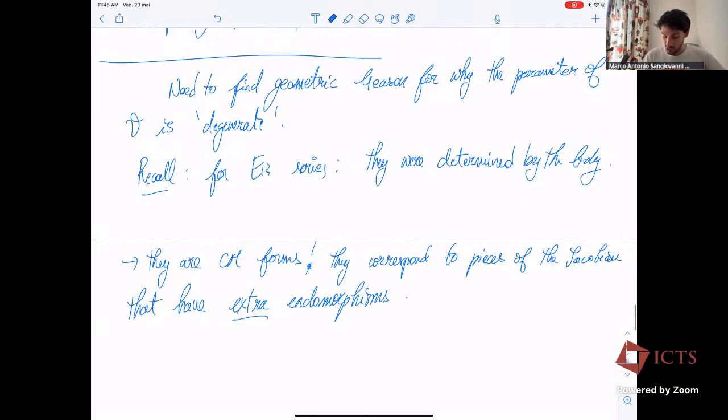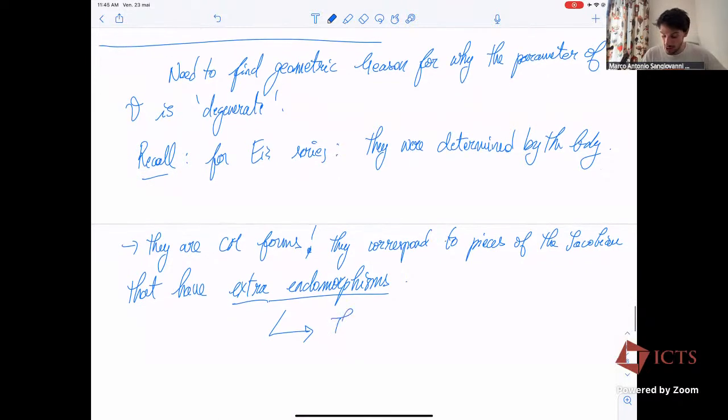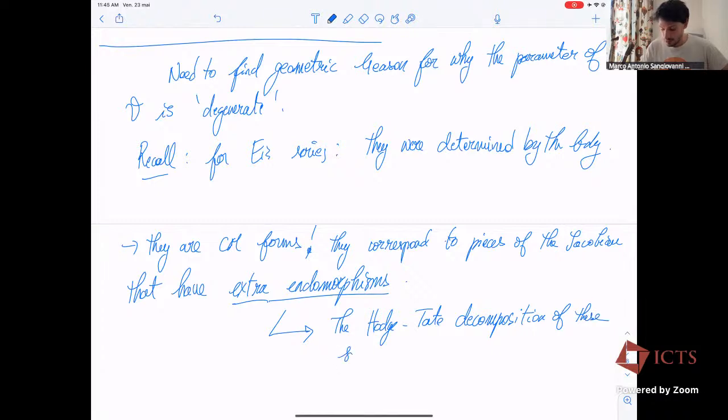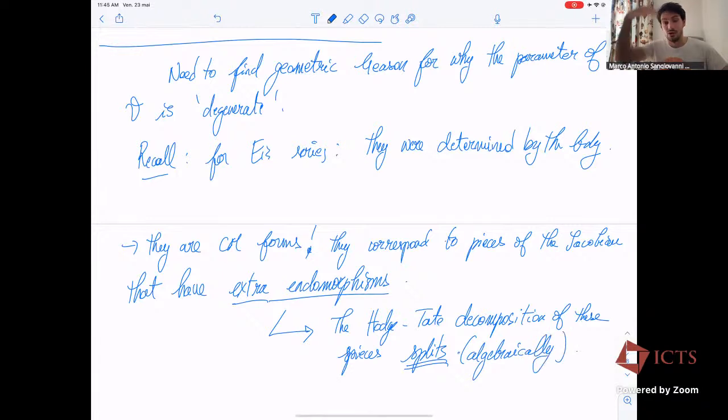And one of the key things that this extra endomorphism implies is that the Hodge-Tate decomposition of these pieces splits algebraically, over a finite extension of, say, Q. Okay.